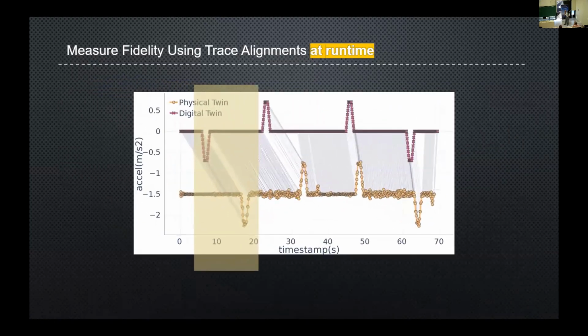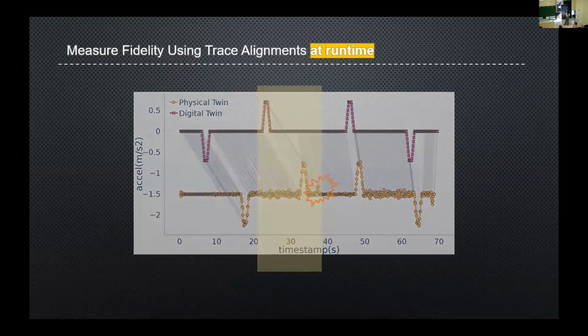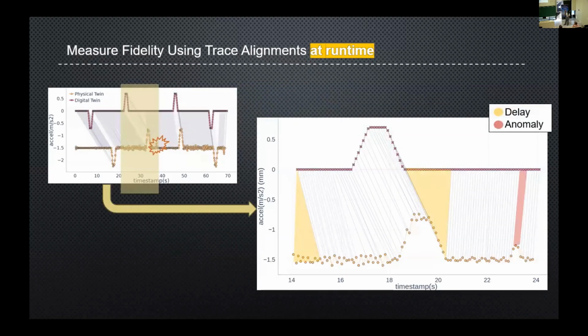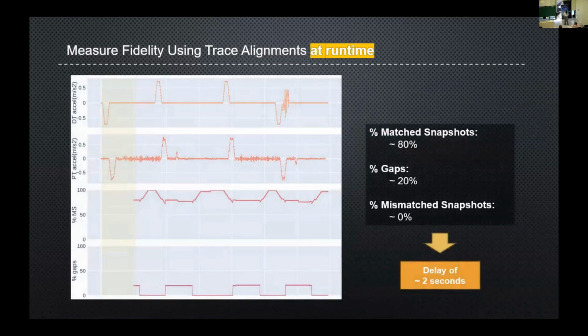And if we keep moving the sliding window forward until the anomaly that we mentioned, we can also see how the delay is still noted and how the anomaly is detected. But again, we will be having to check alignments again and again and again.